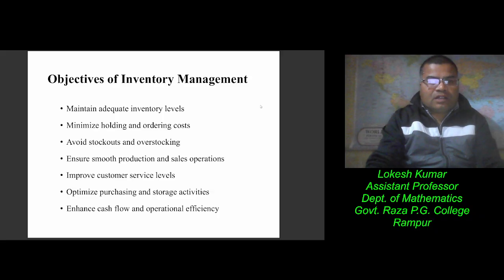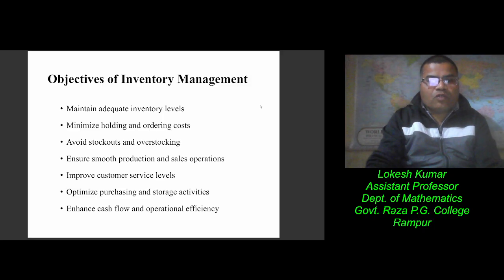And what are the objectives of inventory management? The objectives of inventory management are to maintain adequate inventory levels, to minimize holding and ordering cost, avoid stockouts and overstocking.